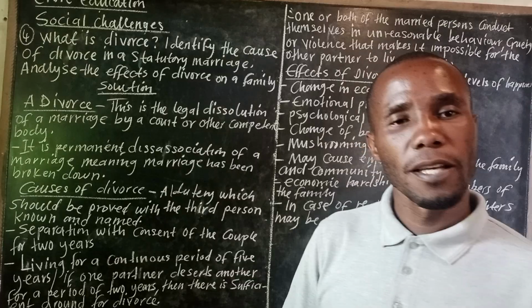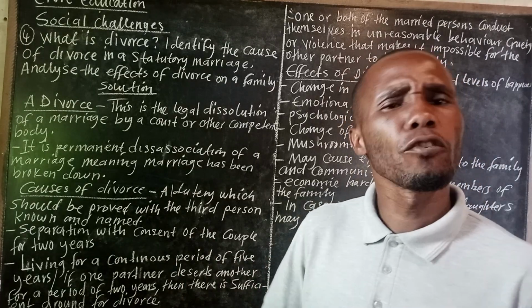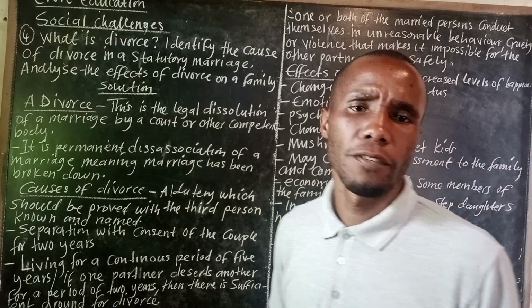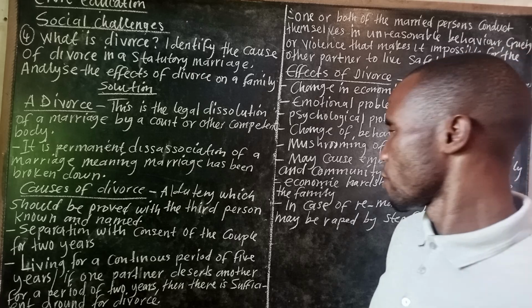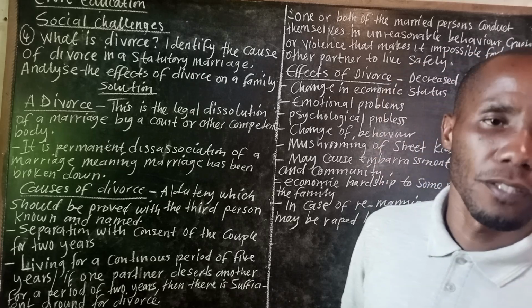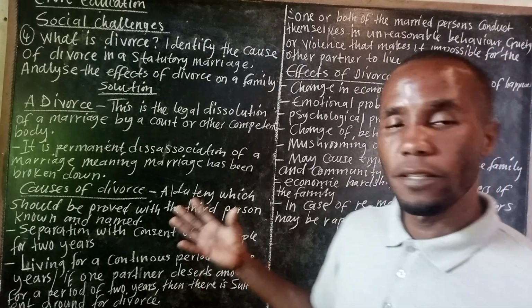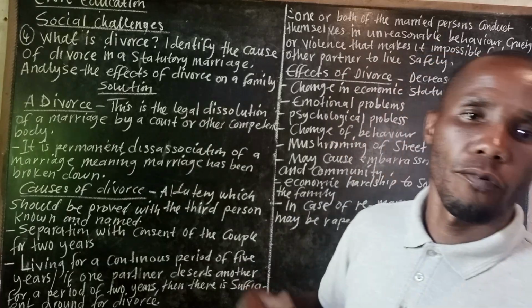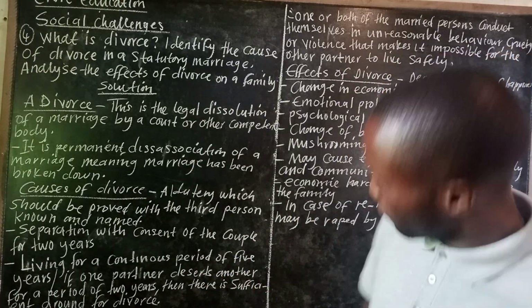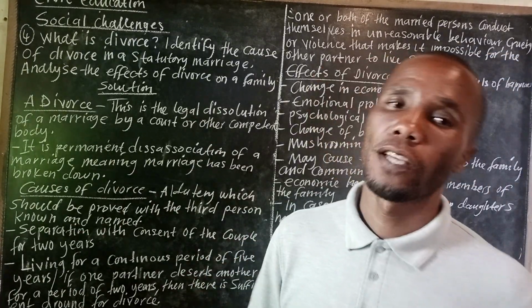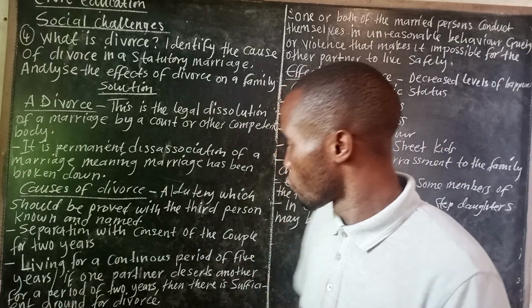Deserted simply means abandoned for 2 years. It means there is sufficient ground for divorce. So we should learn a lesson there as men out there, that wherever we go, we should be mindful that when you overstay there for 2 years, the divorce will be issued out.